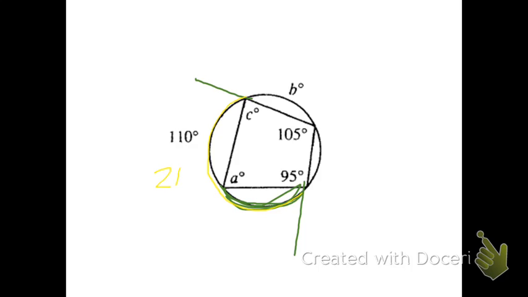So the arc in yellow has to be 210 degrees, because again, it's opposite an inscribed angle that is 105. And inscribed angles are always half the measure of the arcs that they intercept. So if what's in yellow is 210, and this angle right here is 110, then that means that this arc right here has to be 100 degrees.